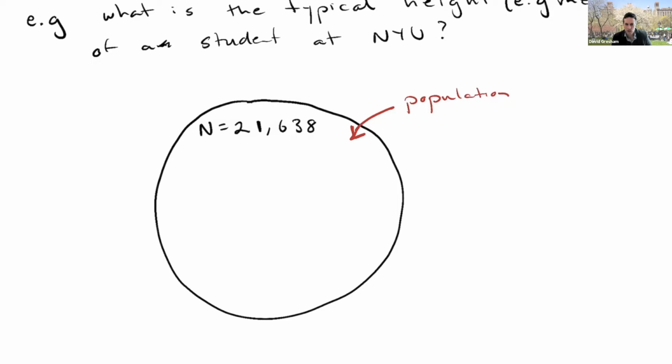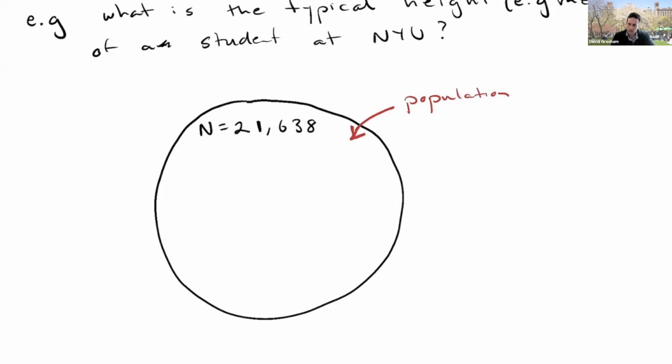So Mark is going to go and he's going to get out his tape measure and he's going to measure 21,638 individuals' height. And then he's going to use the formula that he wrote down in the quiz today, and he's going to determine with certainty the average height of an NYU student, okay?